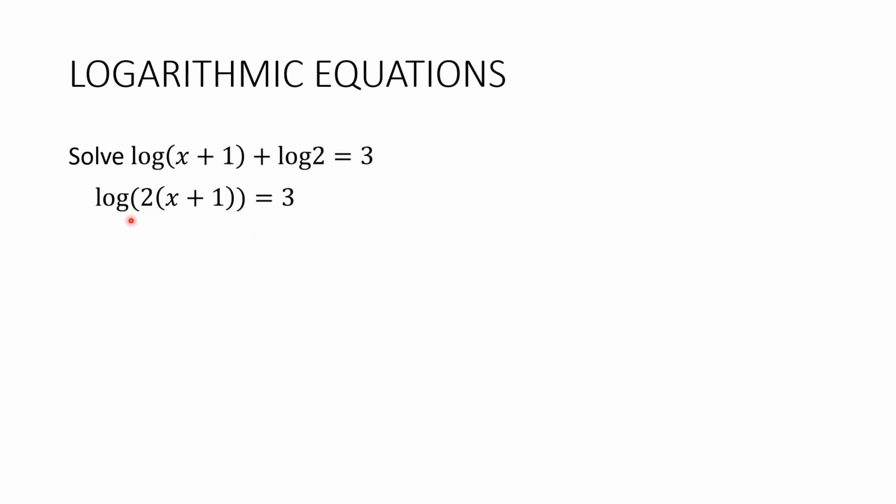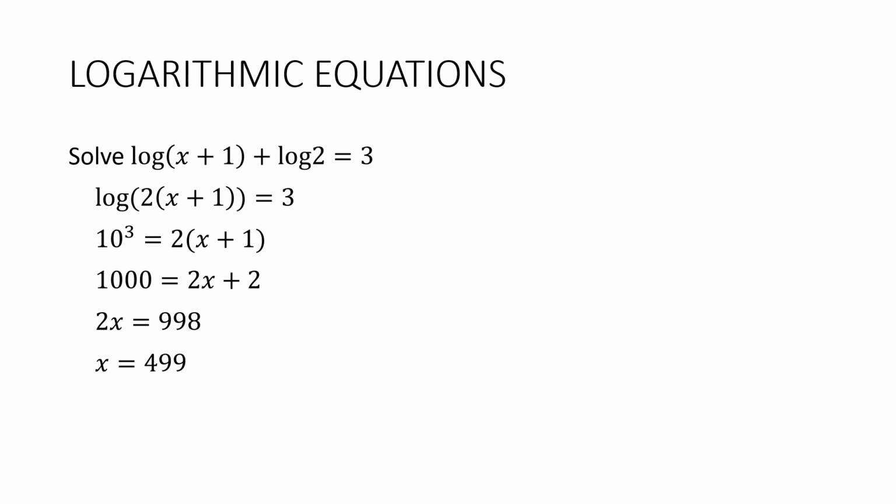So remember, this is base 10, so 10 cubed equals 2 outside of brackets x plus 1. And again, it's been reduced to a fairly simple equation. So this is 1,000, and then that's going to be equal to 2x plus 2. Okay, taking our 2 over, I get 2x is equal to 998, and so x is equal to 499.